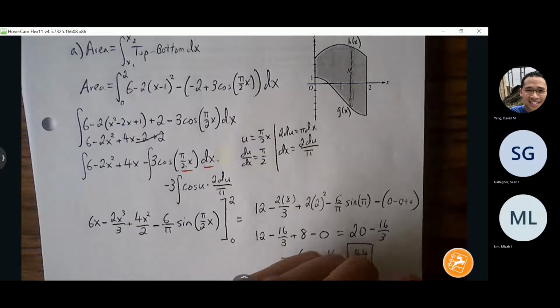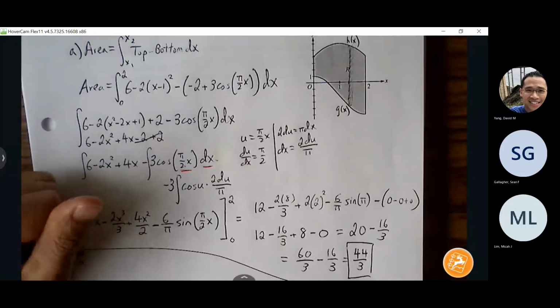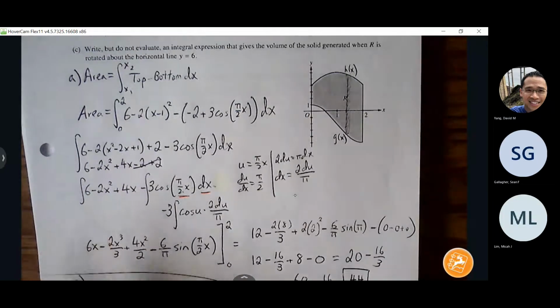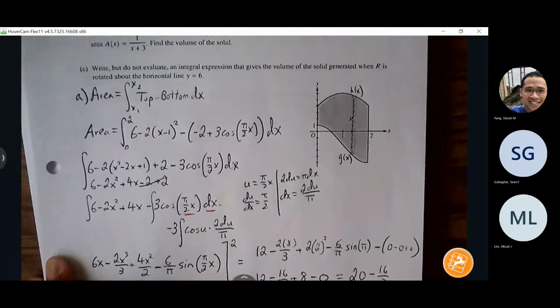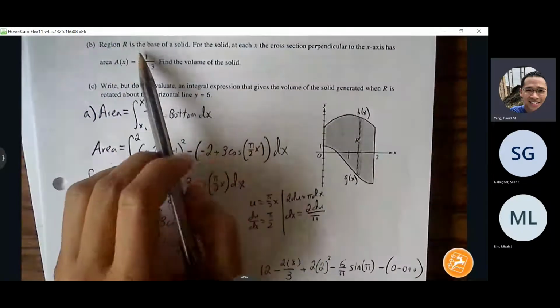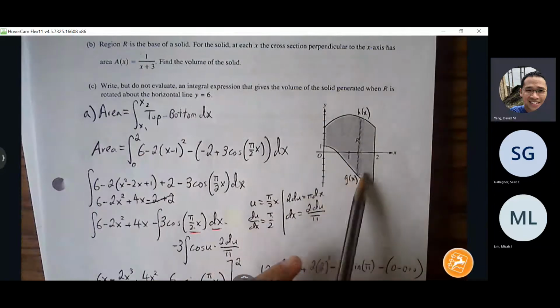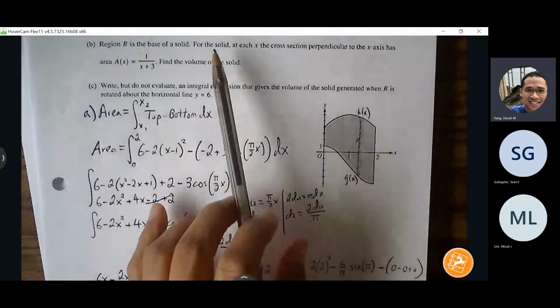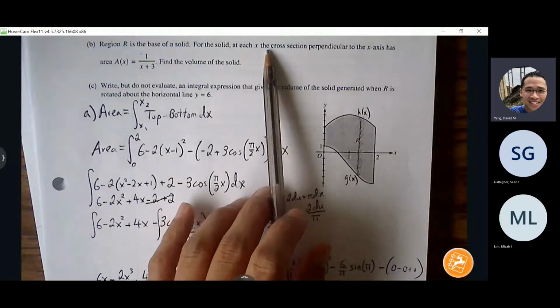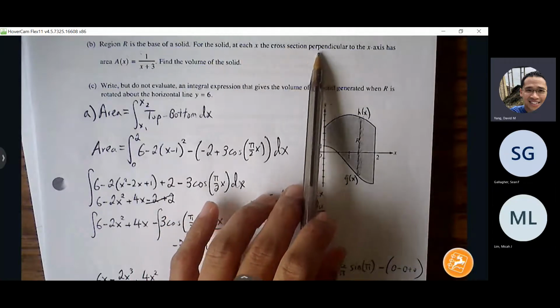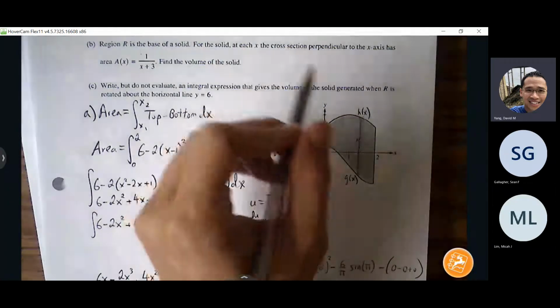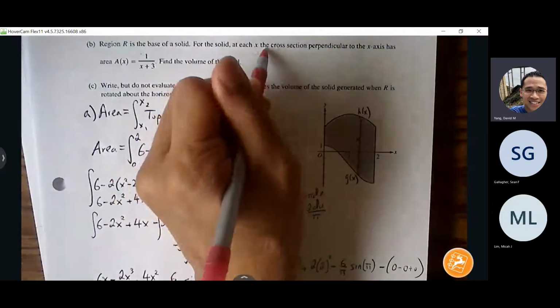Part B. Region R is the base of a solid. So let's say this is now the base of a solid. We're going to be building shapes on top of it. For the solid, at each x, the cross section is perpendicular to the x-axis. Okay, so this is always going to tell us which way to draw our base.